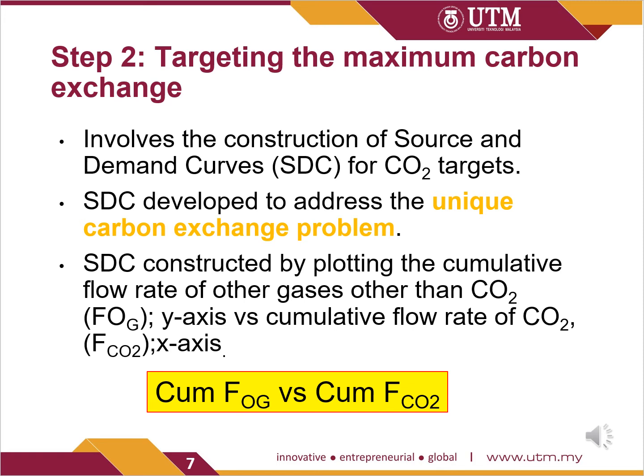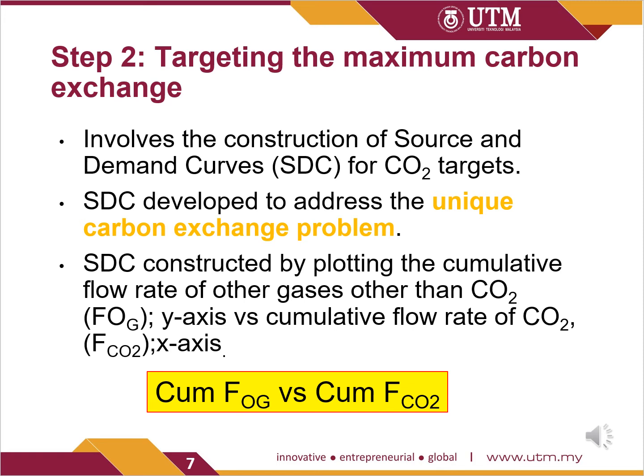In previous pinch analysis studies of mass, gas and property, the mass flow rate of a main or primary carrier fluid was plotted against the mass load or concentration of the contaminant or minor components in a process stream. This approach is not applicable when dealing with a gaseous stream containing CO2 because CO2 may not be the main carrier fluid.